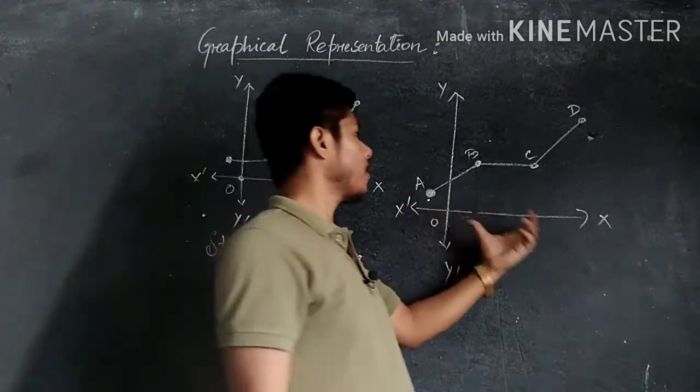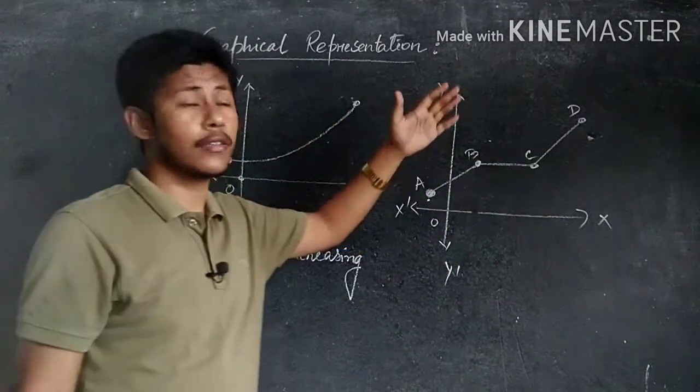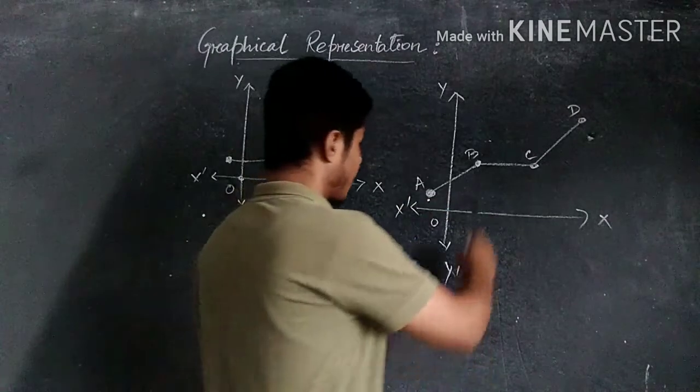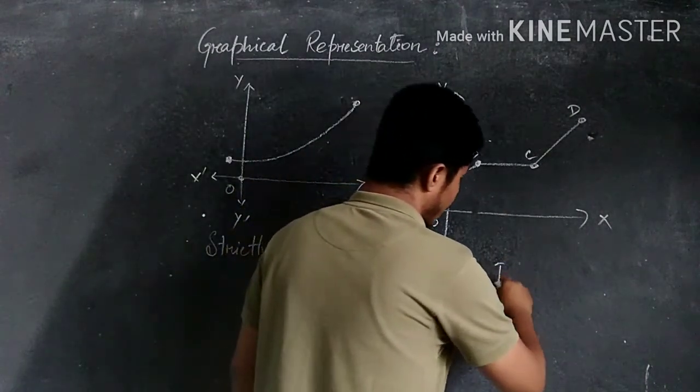But here the graph is not continuously increasing. At some places it is equal also. So this type of graph is known as a simply increasing function.